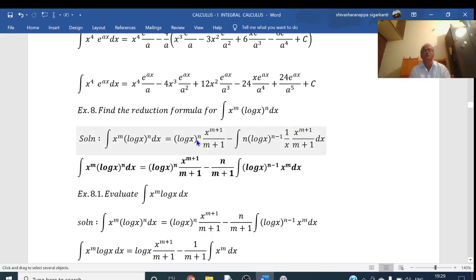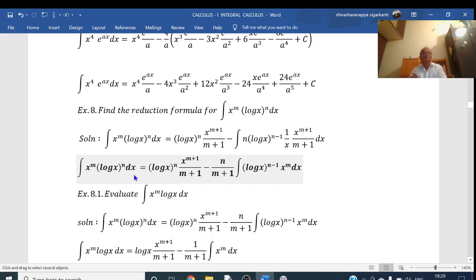So that is here log x to the power of n, x raised to m plus 1 divided by m plus 1, minus n by m plus 1. Okay, I'll write this outside. N by m plus 1 into log x to the power of n minus 1 into x power of m dx.